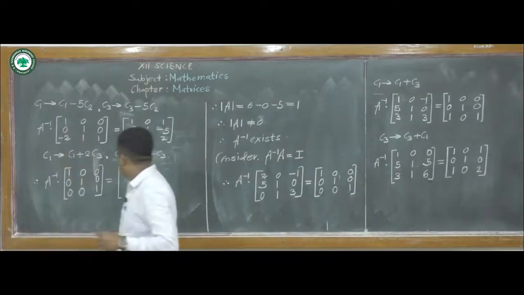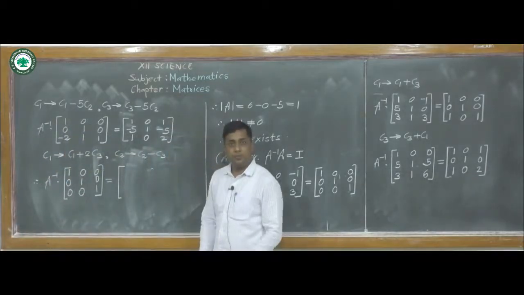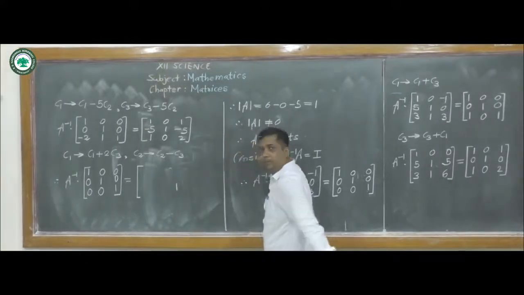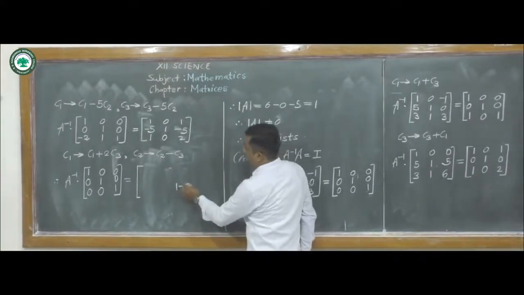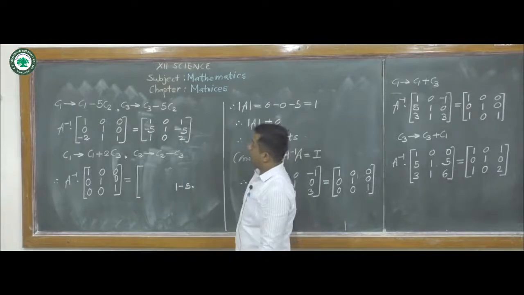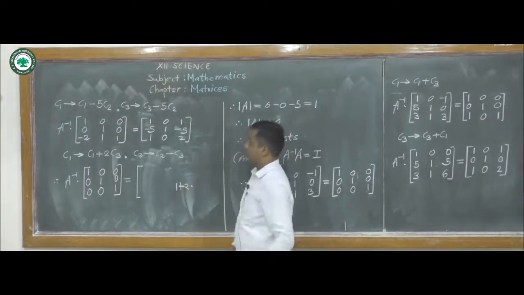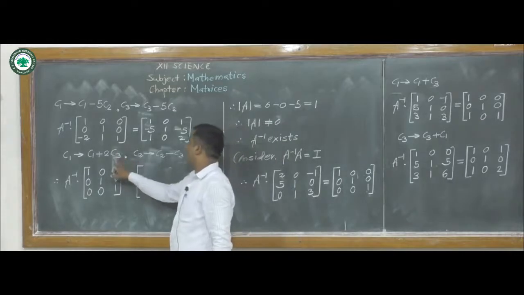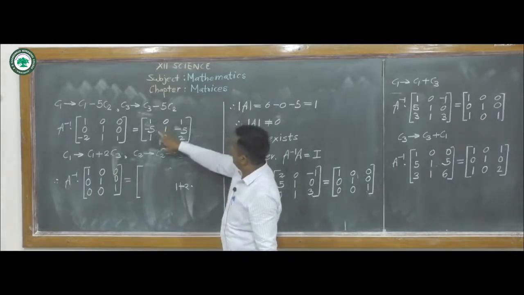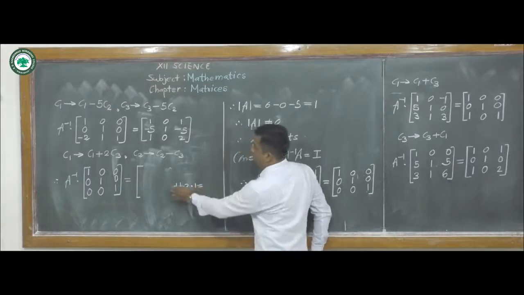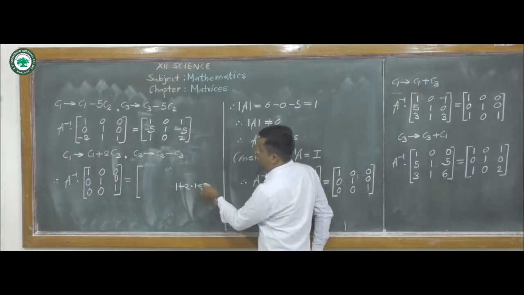Okay, so here for the first column, the first element from column first is 1, then plus 2 times the first element from column 3, which is 1. Okay, so here 1, this is equal to, we know 1 plus 2 is 3.